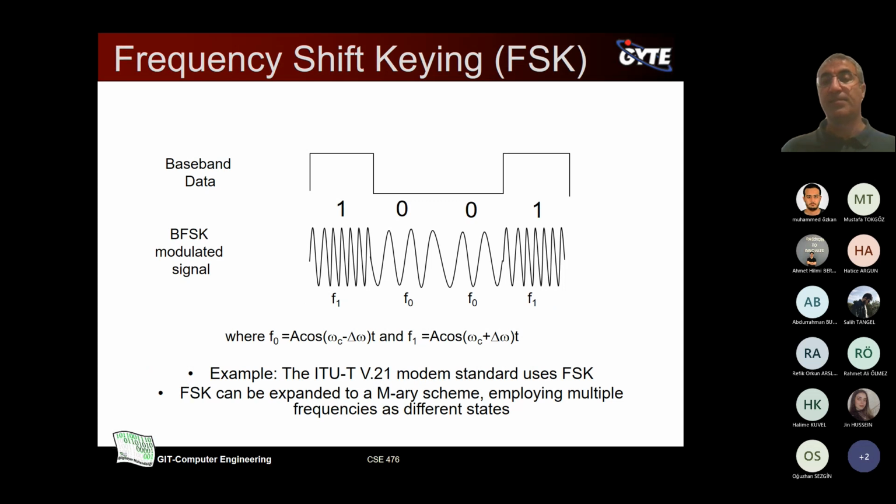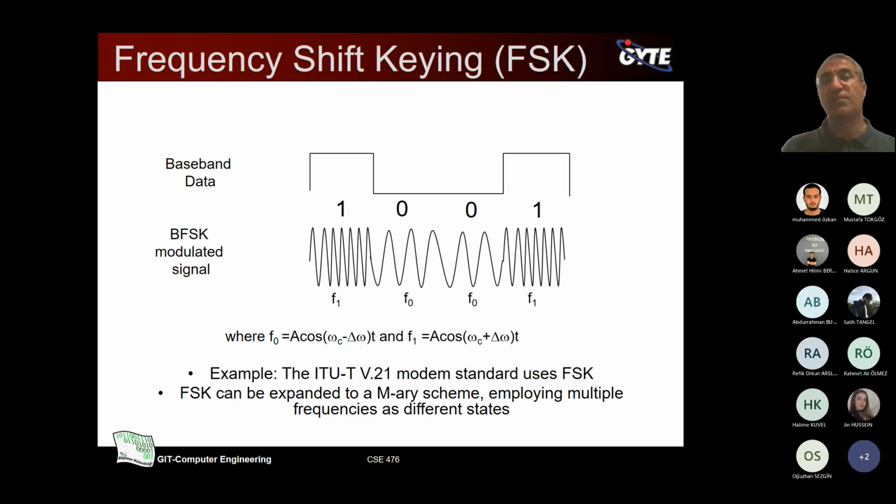The second type of modulation was FM modulation, and one of the basic examples for this is FSK, which stands for frequency shift keying. So assume that we are transmitting the same bit stream 1001. As you see, for the bit 1, we assign F1, which is WC minus delta W, and for bit 0 we assign the F0 frequency.